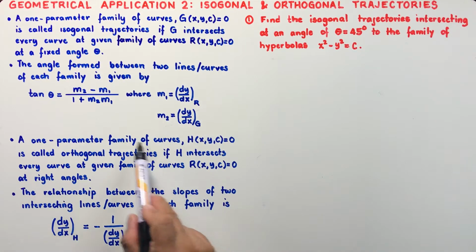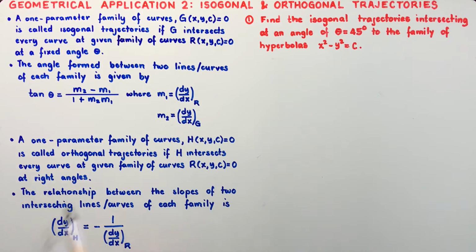So orthogonal trajectories are a special kind of isogonal trajectories, because the angle formed by the two intersecting curves from each family is a right angle, and the relationship between the slopes of the two intersecting lines or curves is that their slopes are negative reciprocals of each other.